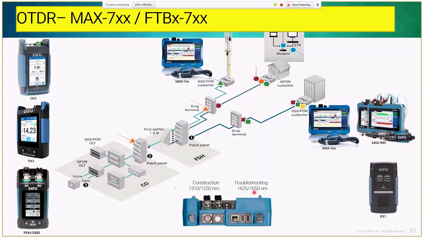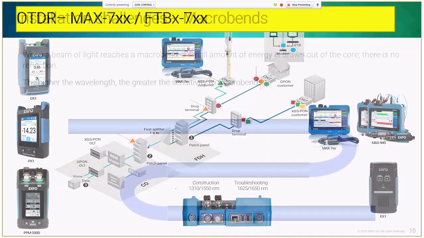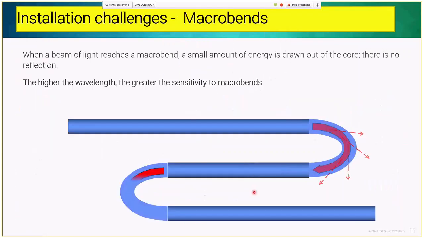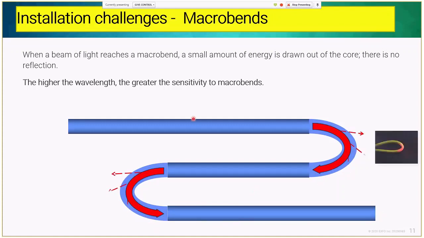So what are a few installation challenges? I mentioned that we should always use two wavelengths to detect macrobends. And what's a macrobend? When light travels in our fiber and hits a macrobend, a curve which is estimated in a radius, the light will go out.